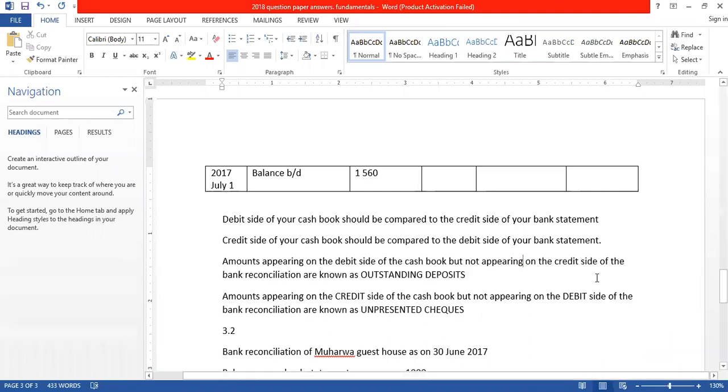Okay. Now that we do not have other questions, we'll move on to question 4, which is the NGOs, non-governmental organizations. That is question 4, where you are asked to draw up a subscription account and an income and expenditure account.